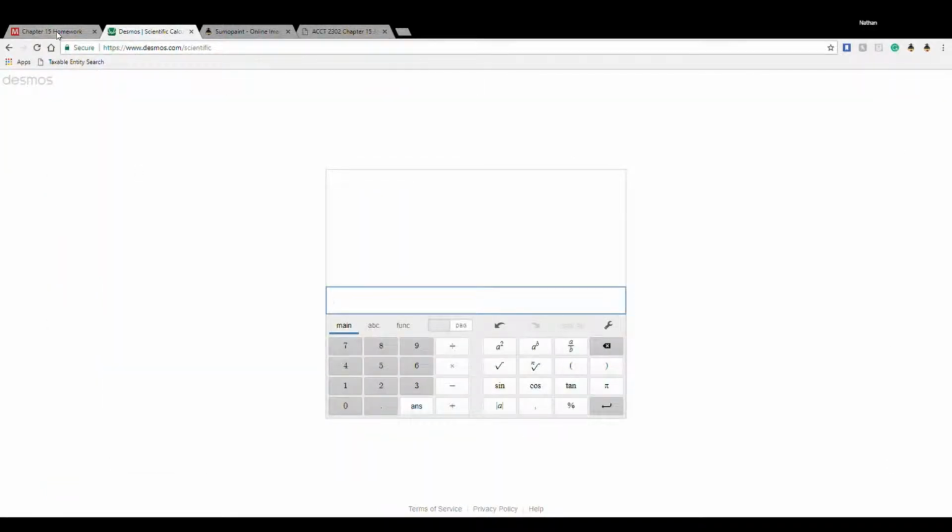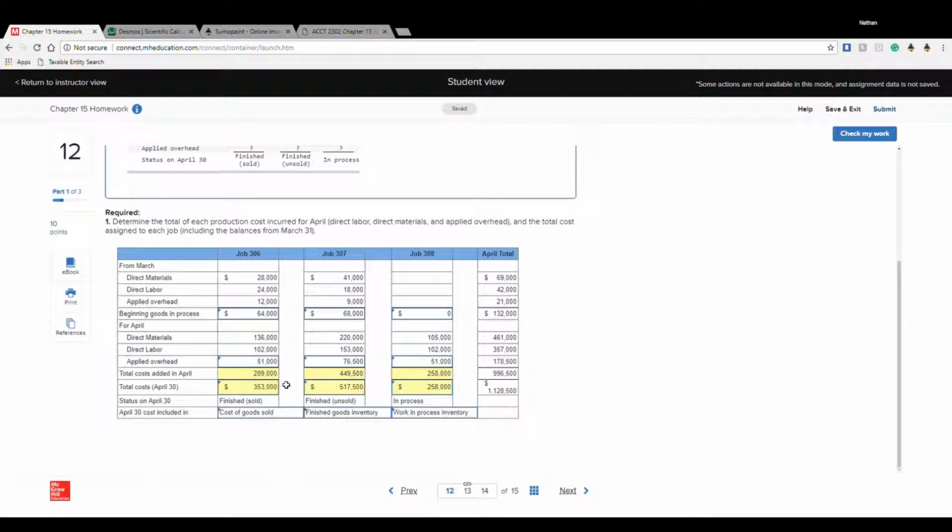In our calculator, we're going to take the total cost right here, 353,000 and 517,500. We're going to add those two together because both of those move to finished goods.